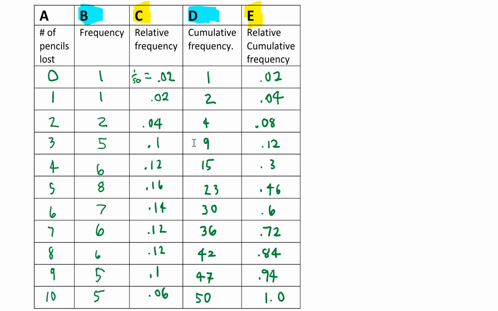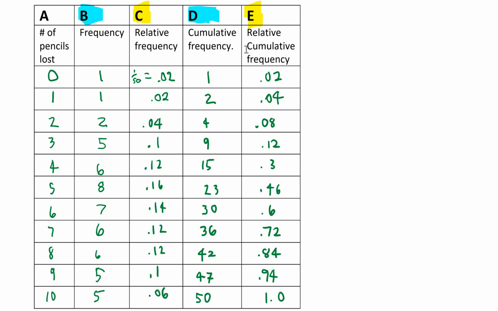And if I then do my cumulative frequencies, I'm just continuing to add the previous value. So we started with 1, and then we're going to add another 1 to get 2. Then we add 2 from column B to get 4. Then we add 5 from column B to get 9. Then we add 6 from column B to get 15, etc. And the same thing is happening for our relative frequency, and we should get these values.